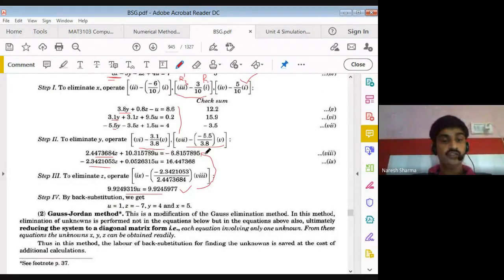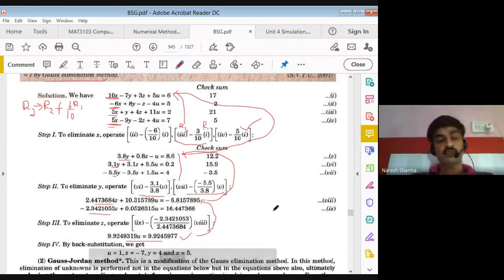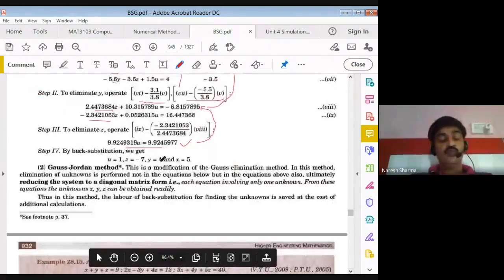Now you can put your u and z in this equation. You can get y from this, and similarly you can put your y, z and u in the first equation to get x. That is called back substitution. So you get the values of u, z, y and x.